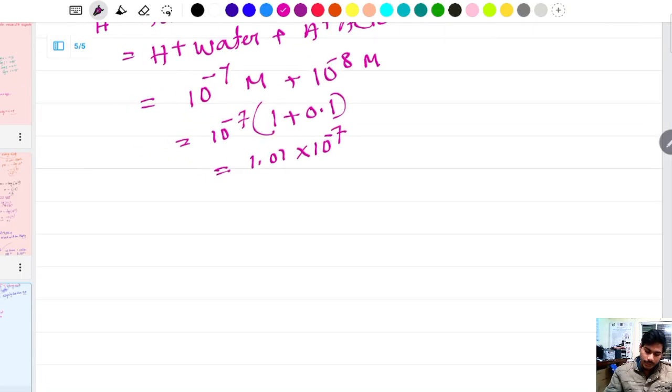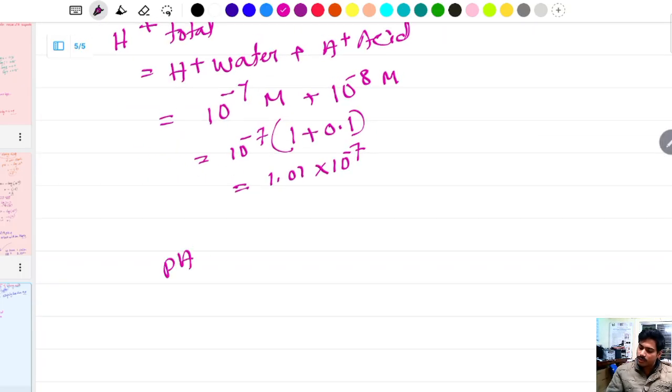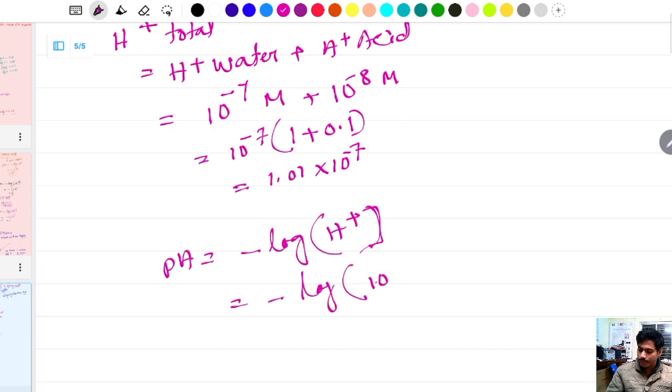Let's talk about the pH. pH equals the negative log of the concentration of H plus ion. So minus log of 1.01 into 10 to the power minus 7.